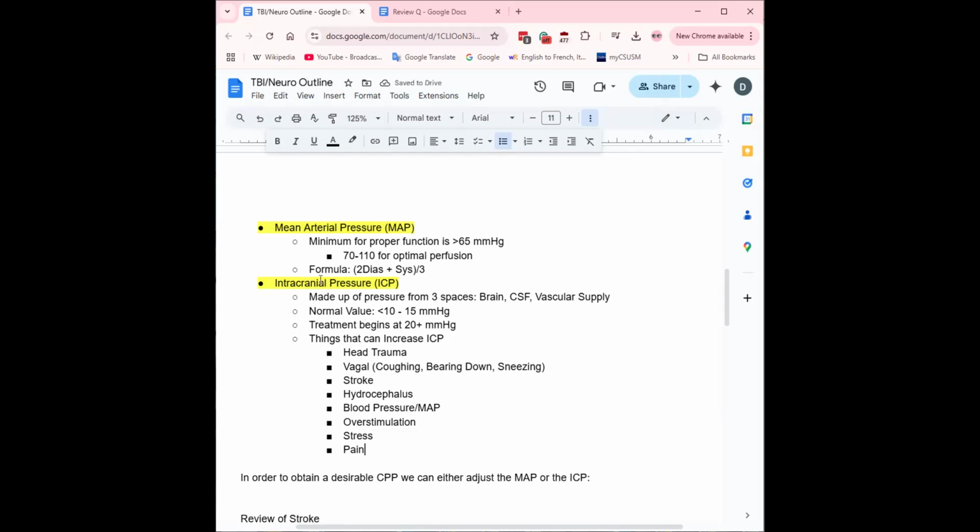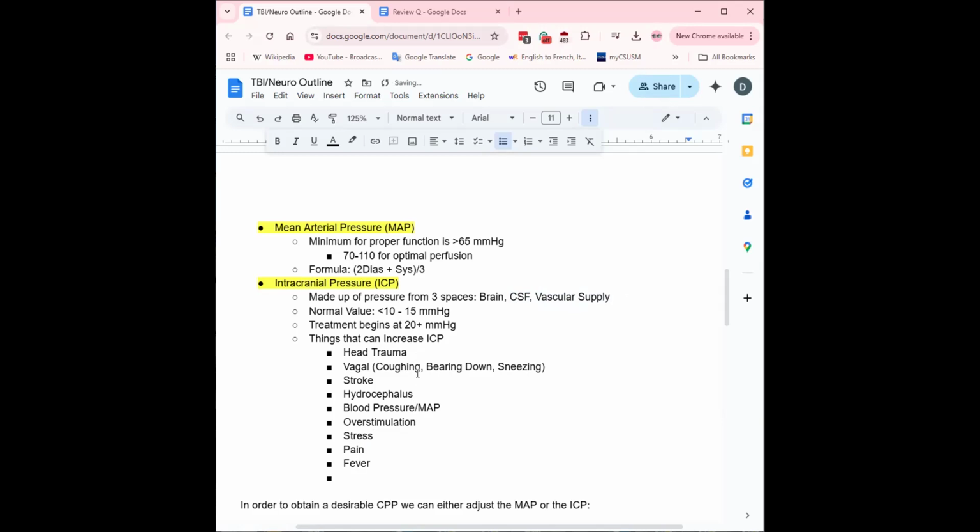Again, your ICP is made up of your blood supply and cerebral spinal fluid, so anything affecting that blood pressure is going to have an impact on ICP. Sedation is probably the opposite. Fever, I can see that for sure.